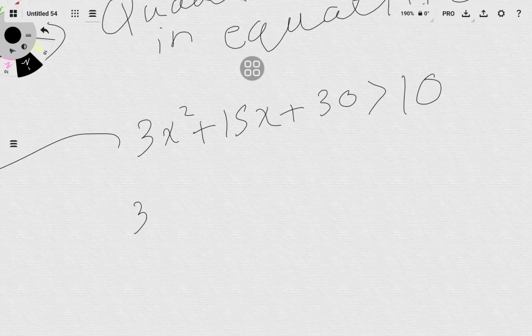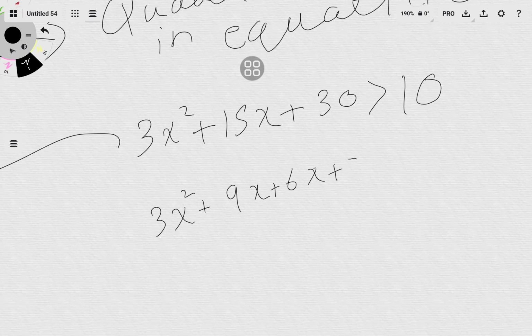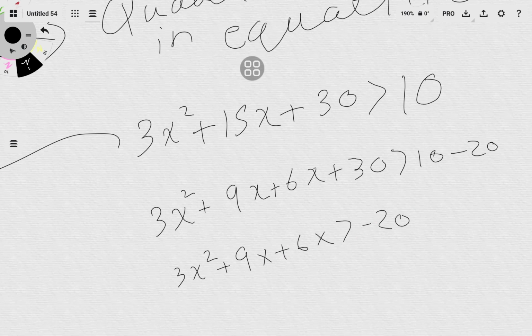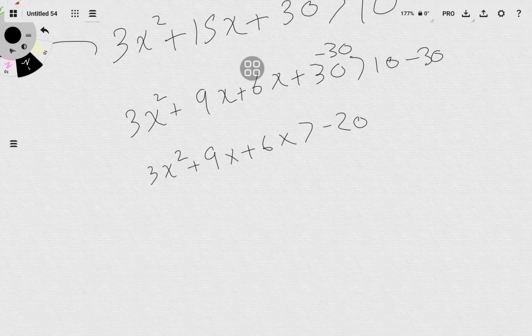We have to factorize this, which might be a little hard. We could subtract the 30 here, minus 30 from both sides, and get 3x square plus 15x is greater than minus 20.